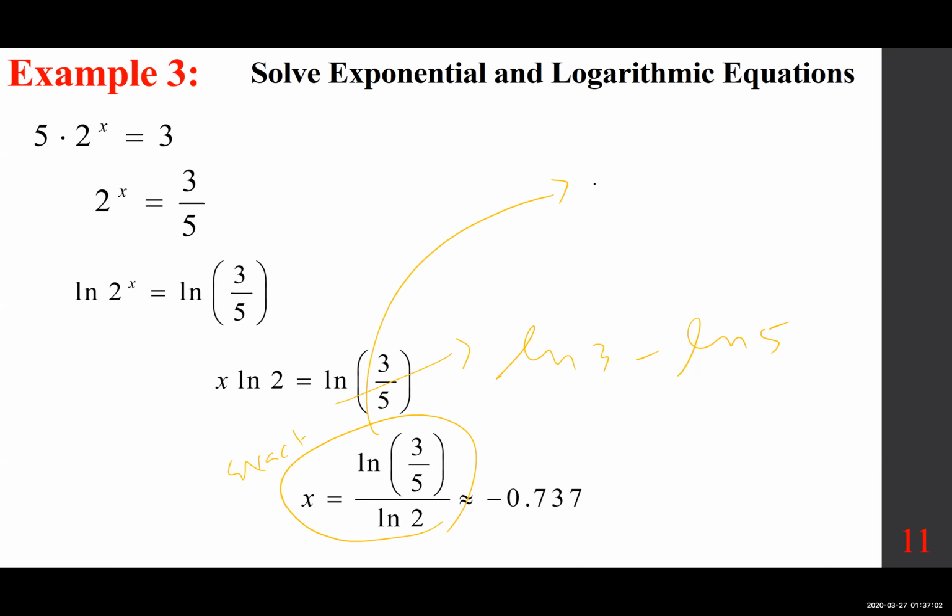We could rewrite it as x equals just the way it is, or ln 3 minus ln 5 over ln 2. So if the question is to come up with the exact answer, you're done. Exact. If the question is a rough estimate with a bunch of decimals, that's your answer.